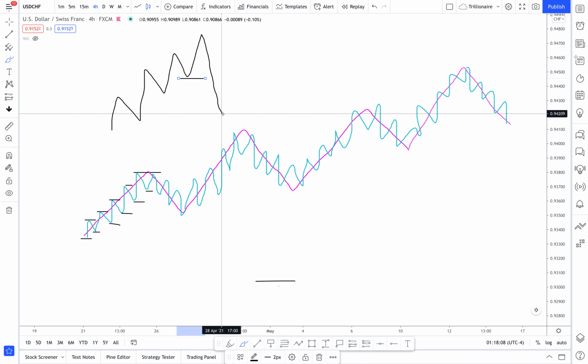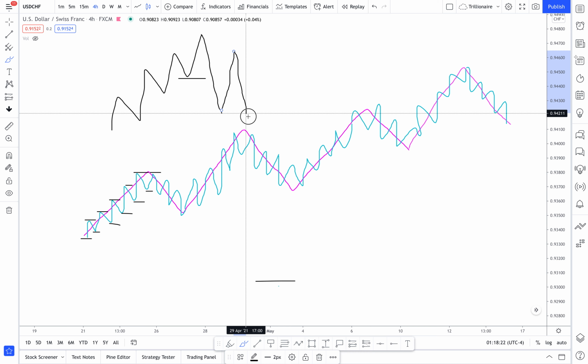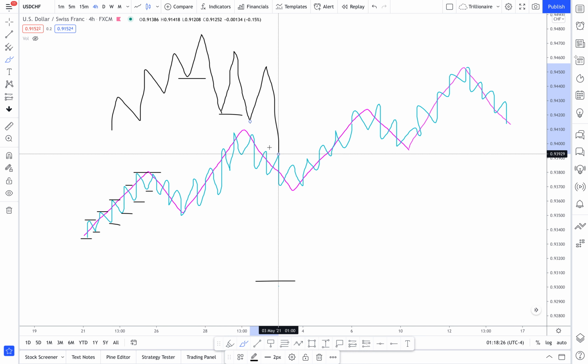Remember, the trend is not confirmed. This is not a confirmed break right here until price retraces, gives me a lower high, and then gives me another break of structure with another successful retrace.